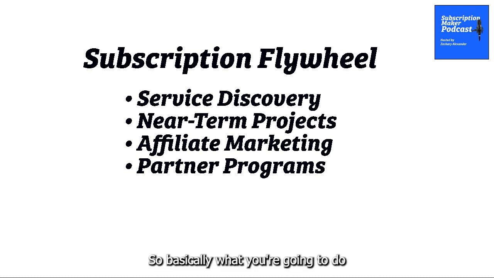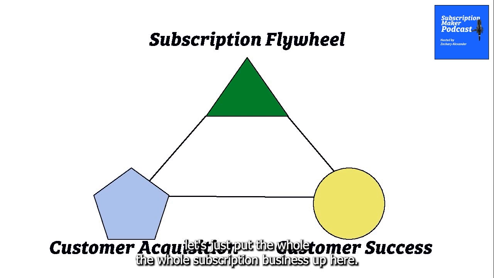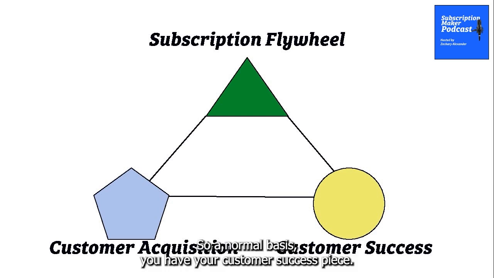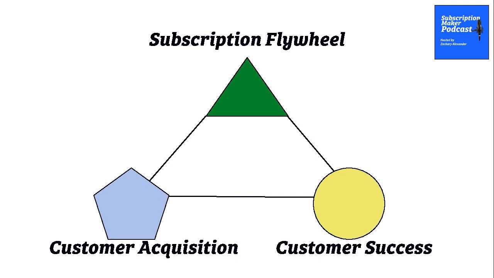So basically, what you're going to do on a normal basis, let's just put the whole subscription business up here. So on a normal basis, you have your customer success piece. These are the people who are customer support and who are really the bedrock of the organization. So the starting point is customer acquisition, but the money is in customer success.